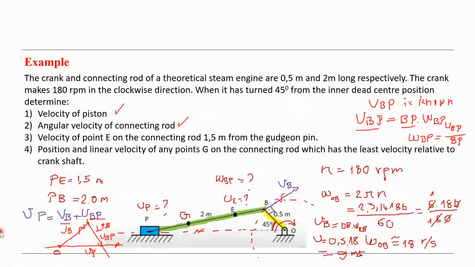So let's check once more the position and the linear velocity of any point G on the connecting rod which has the least, that minimum velocity relative to the crankshaft.